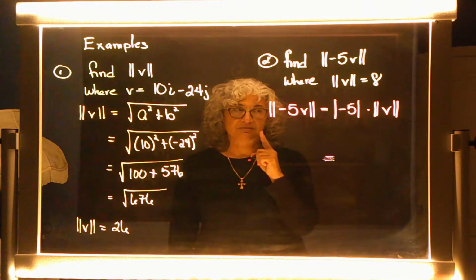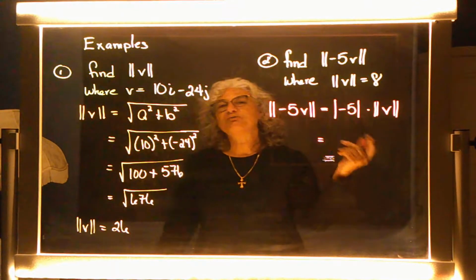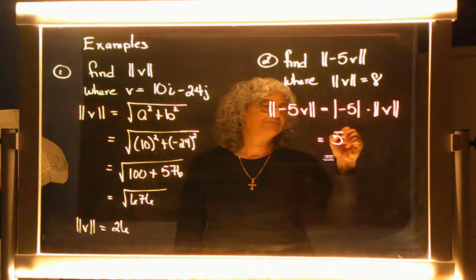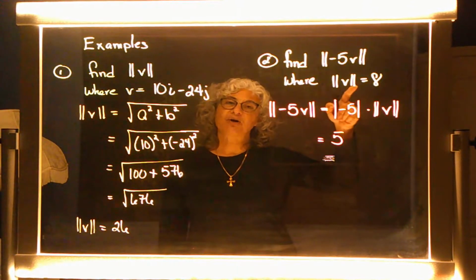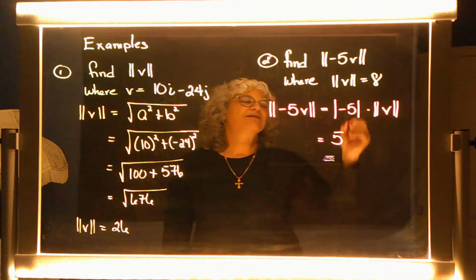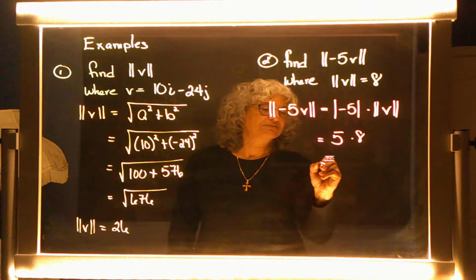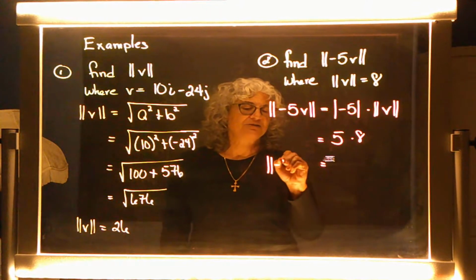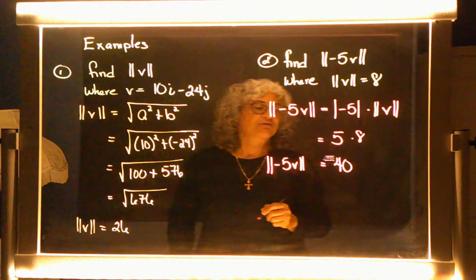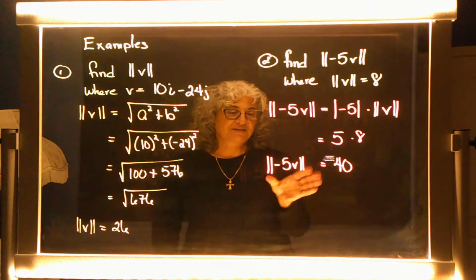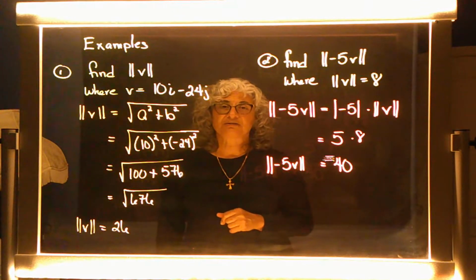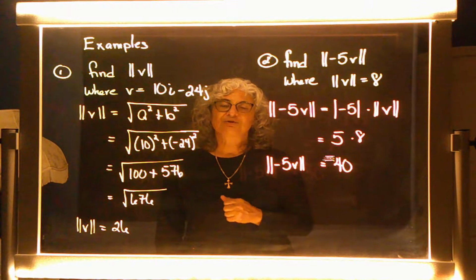Good? Okay. Well, you know the absolute value of negative 5. What is it? 5. And based upon the problem, the magnitude of the vector is 8. So the magnitude of negative 5v would be equal to 40. The length of this negative 5v is equal to 40. Cool? Okay, hang in there.